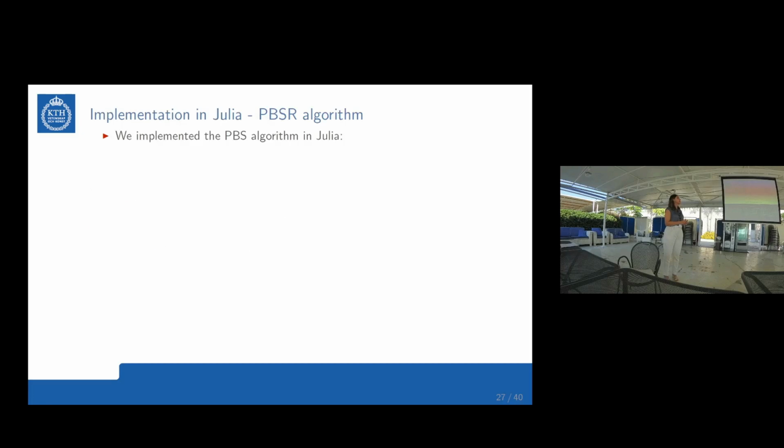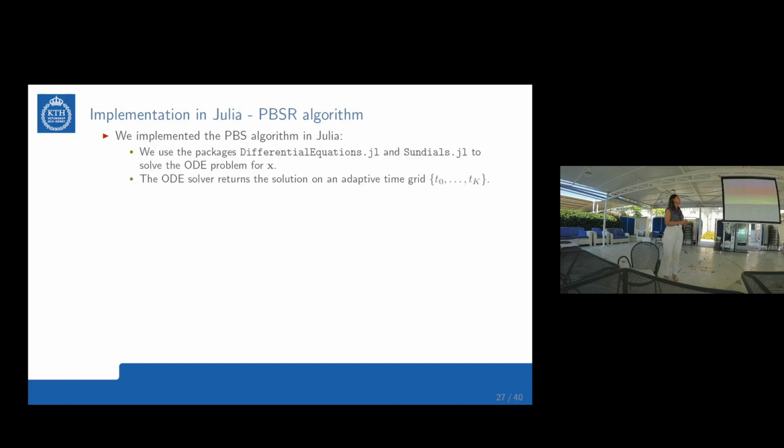So we implemented this method in Julia, but we made a few small modifications. Here we need to first solve the nonlinear ODE, and we use the packages DifferentialEquations and Sundials. And this ODE solver returns the solution at an adaptive time grid, t0 to tk.